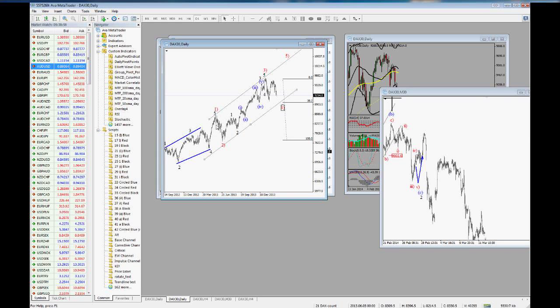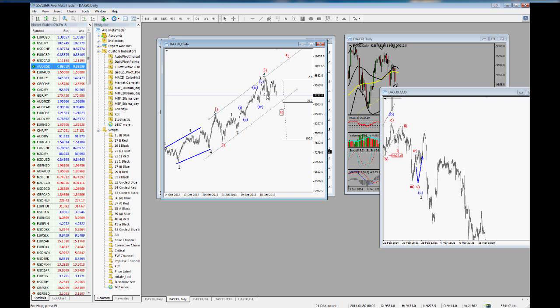If wave 2 will take longer time and will be very complex like a flat, then you can expect a sharp correction in wave 4. So because this was quite sharp, I'm looking for something more complex and longer here in wave 4.